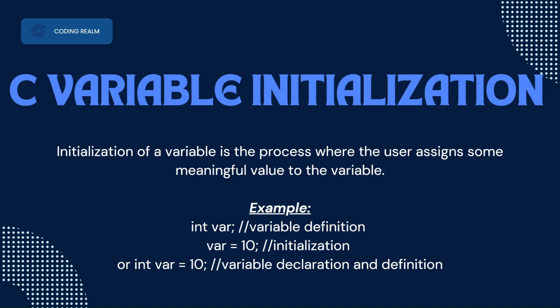I give the variable var a value equal to 10. Or for example, we can write like this: int var, and on another line var equal to 10, or we can write like this: int var equal to 10. We can put equal 10 here, or we can put it in another line.